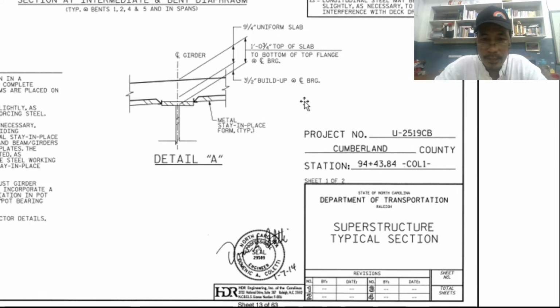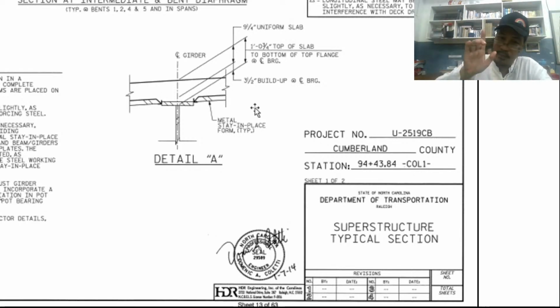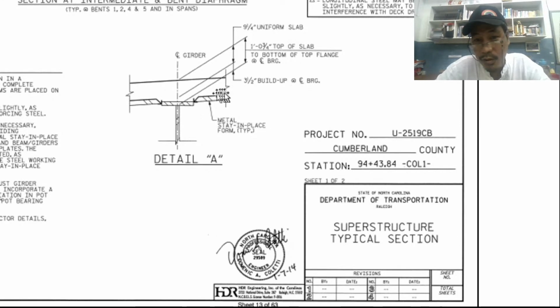Okay. And if you look up from the lower portion of the bridge, looking up the bridge, this formwork is actually looking like what? Corrugated sheet. It looks like a corrugated sheet. Okay? This portion.